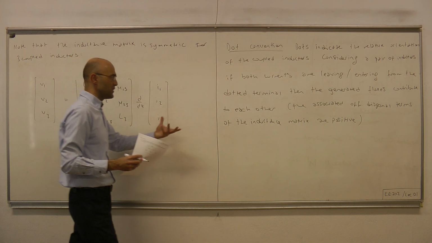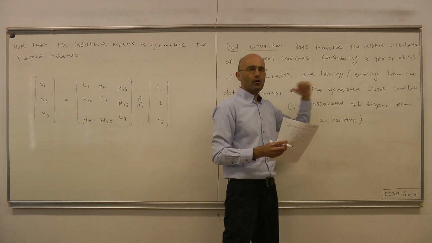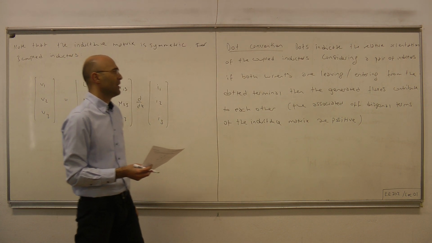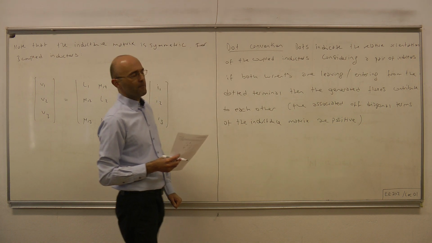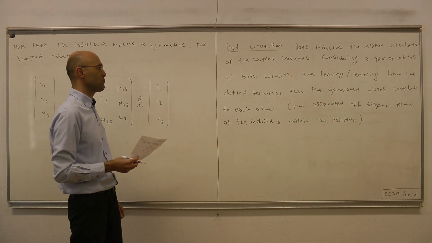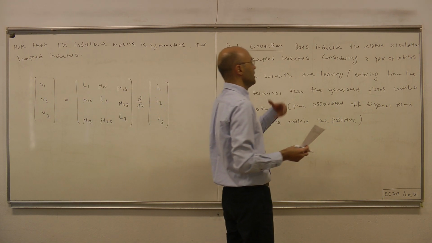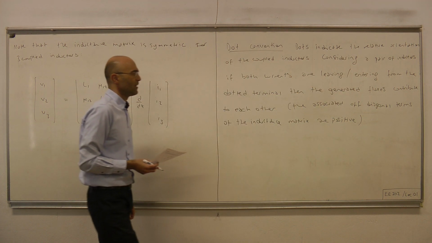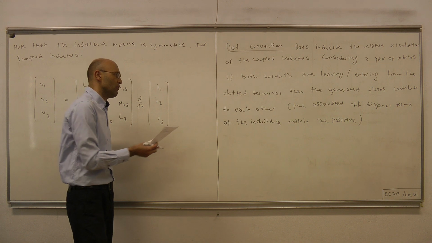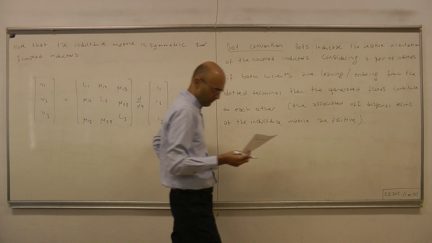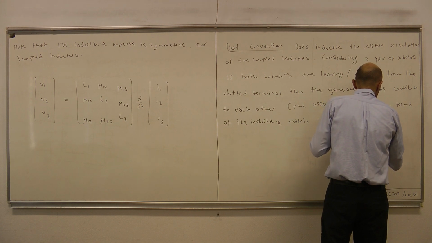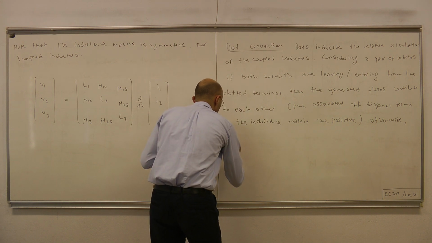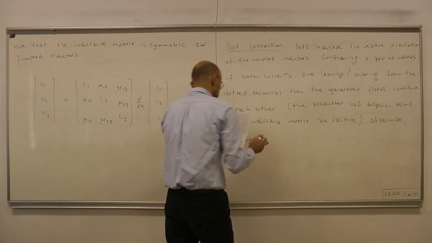It's very simple. Basically, if they're doing the same thing, leaving or entering, doesn't matter, but if they do the same thing, both leave or both enter, then the fluxes contribute to one another, and the off-diagonal terms will be positive. In the other situation, where they are doing the opposite thing, one is leaving and the other is entering from the dotted terminal, then they are opposing each other and the off-diagonal terms will be negative. It's very simple.